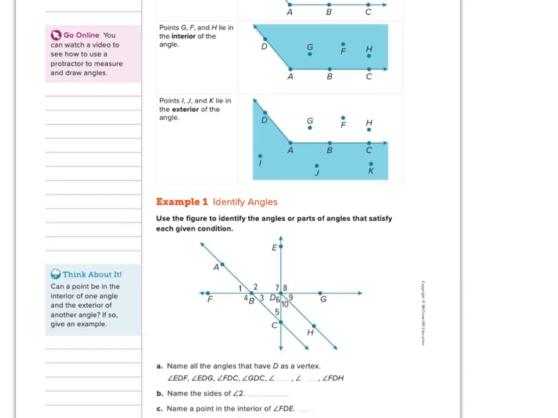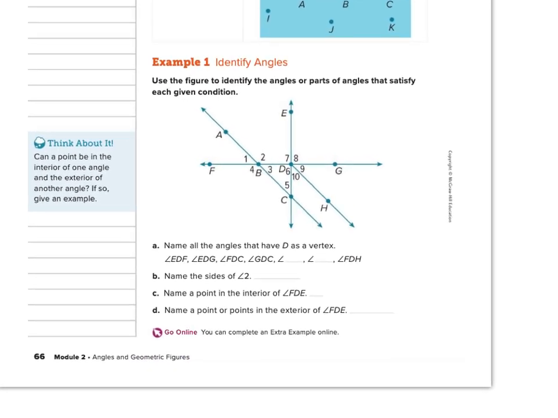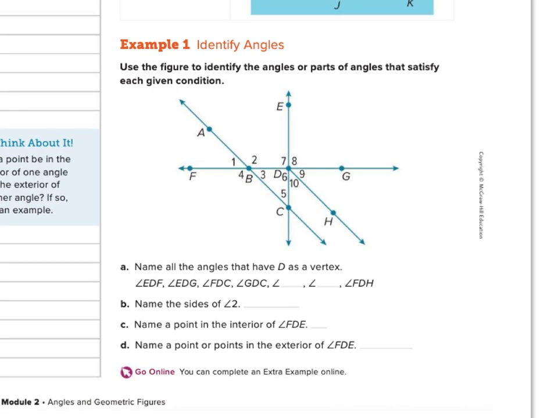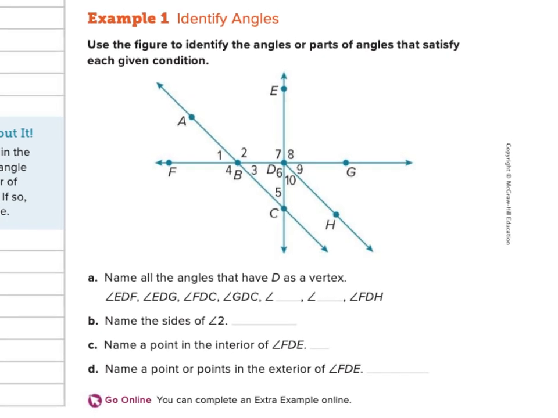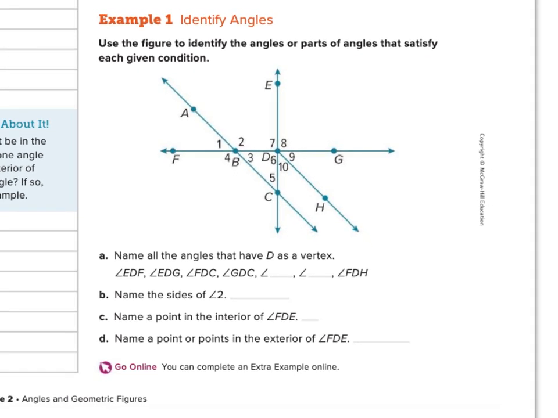Let's see, looking at this, using a figure to identify angles and parts of angles, there is a lot of information here as we see this overlapping stuff. Things to be able to identify. This 2 in this region, for example, would be calling this area right here angle 2.